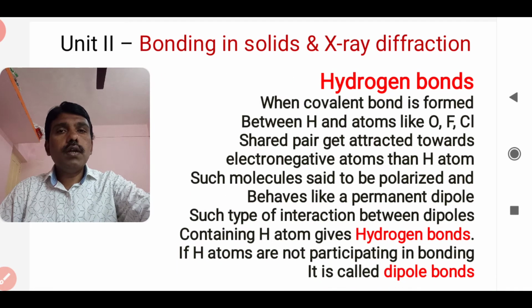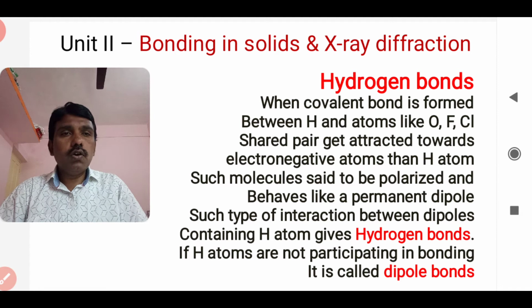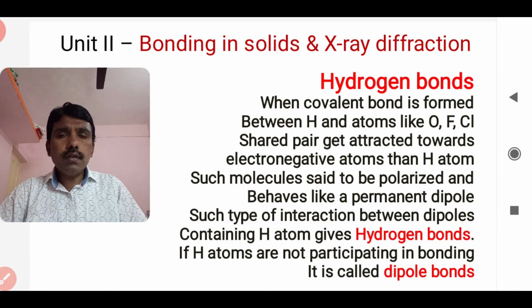When we look at hydrogen bonds, we are aware that H2O is a good example of a covalent bond, in which there are two hydrogen atoms and one oxygen atom.